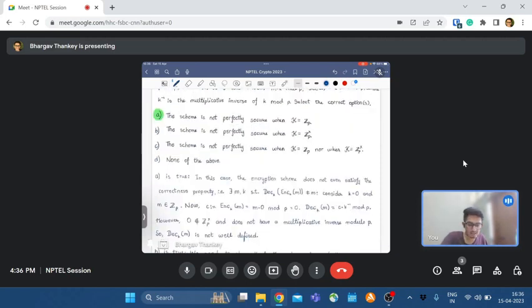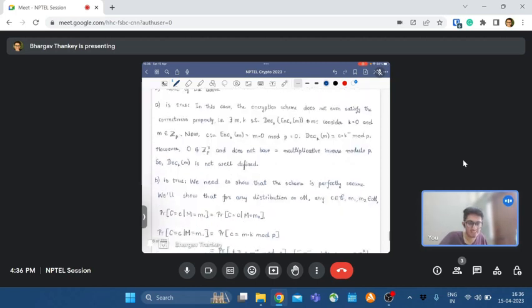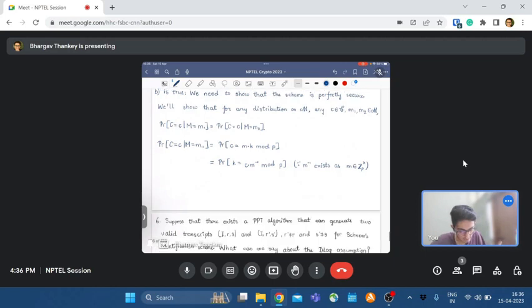So that means that M is also in ZP cross and therefore its inverse exists. So we get this.